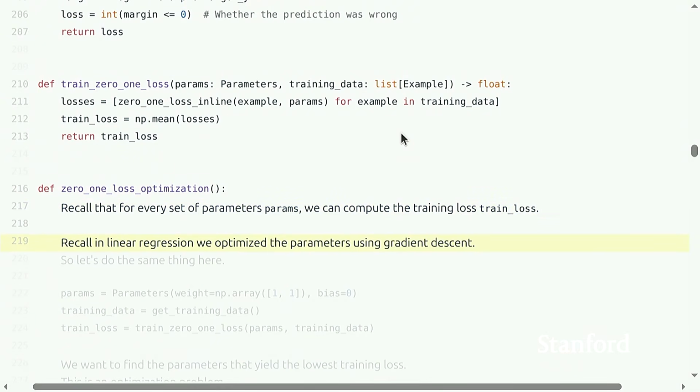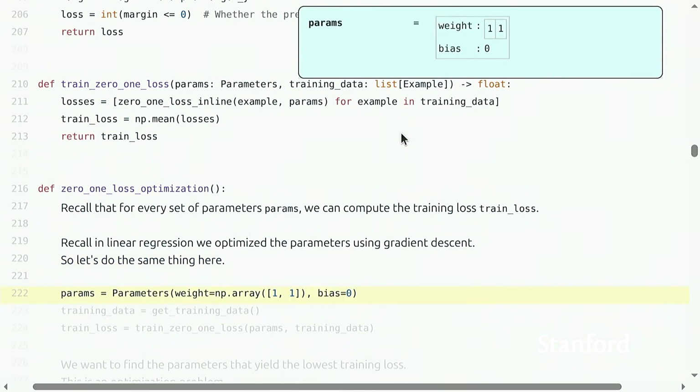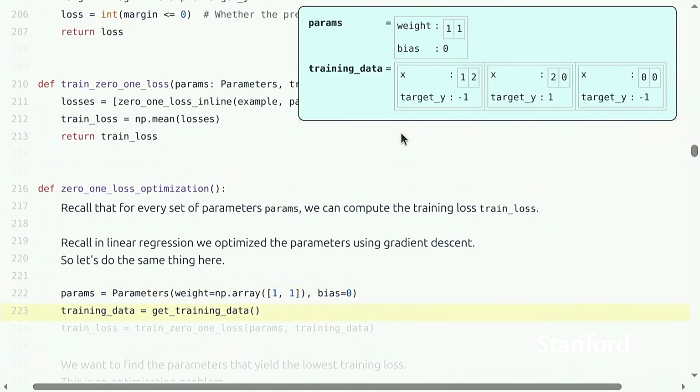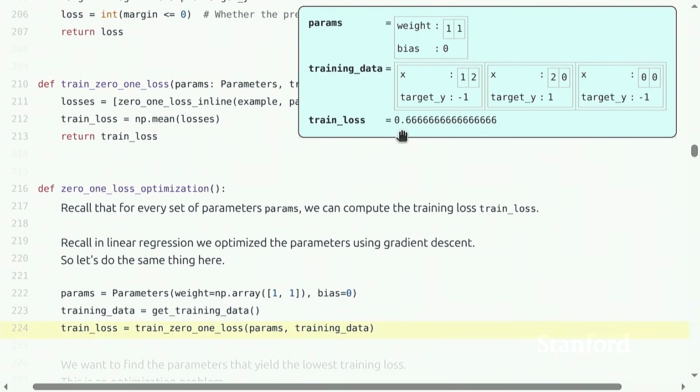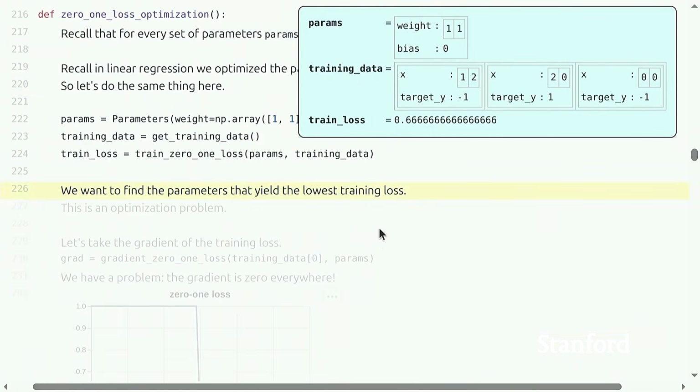In linear regression, we optimize the parameters using gradient descent. So let's try to do the same thing here. I have my parameters, I have my data set, and I have this ability to compute the training loss. And now I just want to do gradient descent on this loss function.